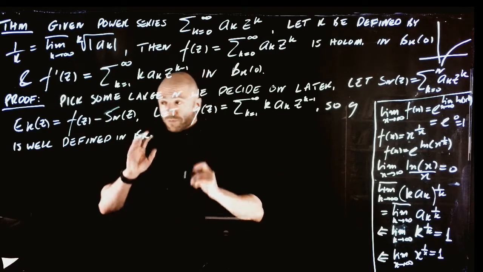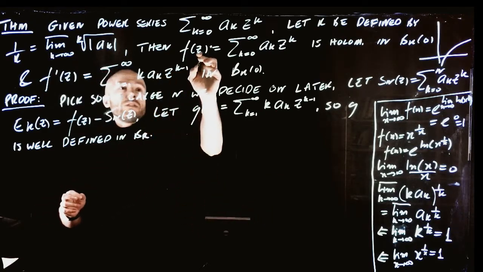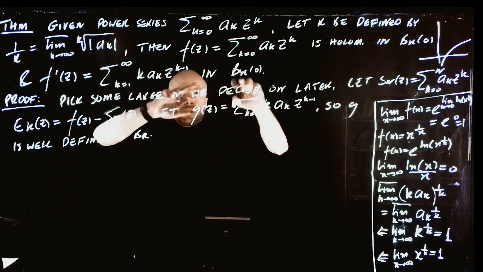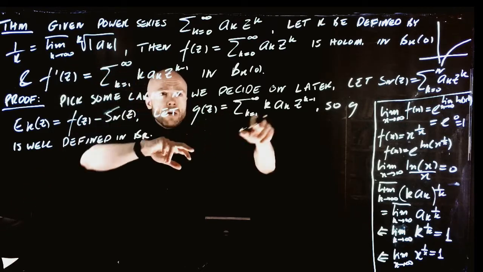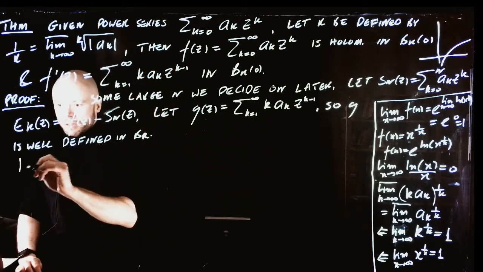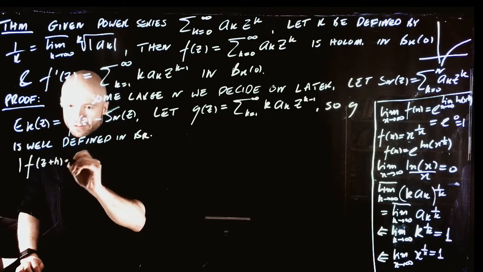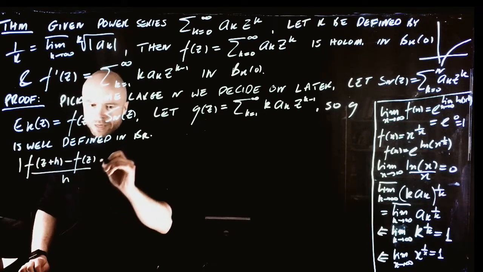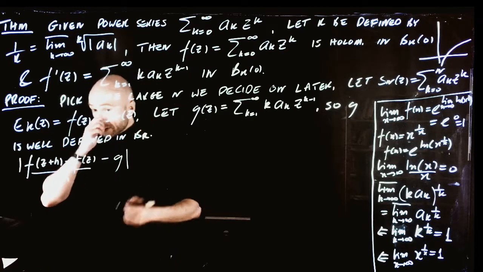Good, so what are we going to do? We've got to show that as we take the derivative of this thing, written in quotient form, it tends to our function g. So this is what we want to show: that f of z plus h minus f of z, over h, minus g, is small.